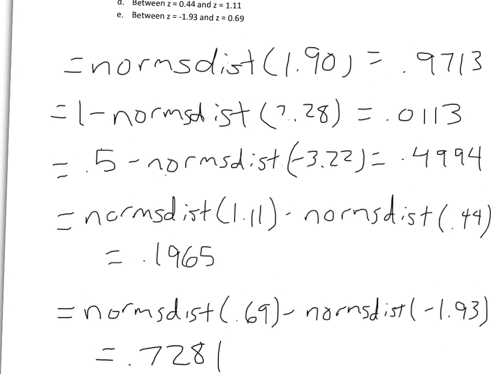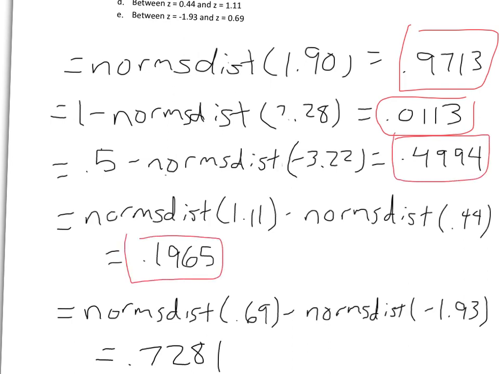Okay. So for the first one, 0.9713. Second one, 0.0113. Third one, 0.4994. Fourth one, 0.1965. And the fifth one is 0.7281. And just for consistency, I'll also do what I told you guys to do and put boxes around them.